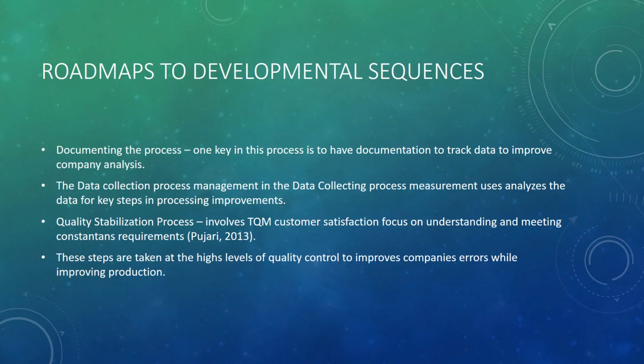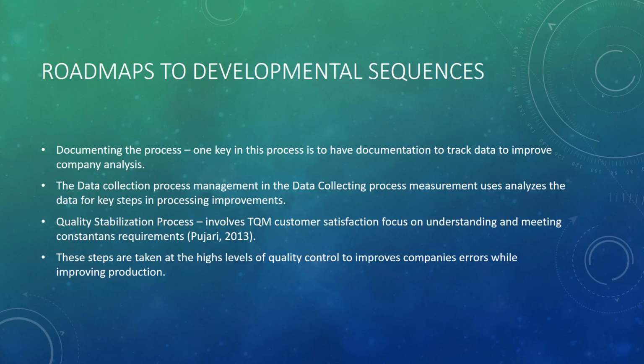Roadmaps to developmental sequences. A documentation process. One key to this process is to have documentation to track data to improve company analysis, and this gives a company a chance to record their data and use it to benefit them. The data collection process is the measurement used to analyze the data for key steps in process improvement.